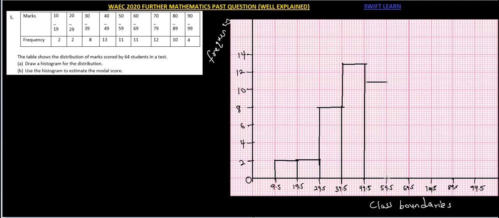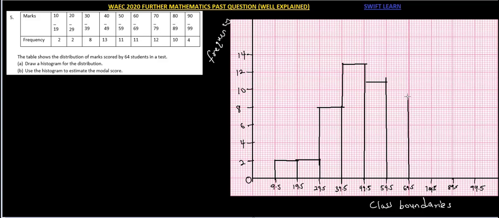So we can draw it from here. The same thing for 59.5 to 69.5, which is 11. All this is just to show you an illustration, and it might not be smooth enough.